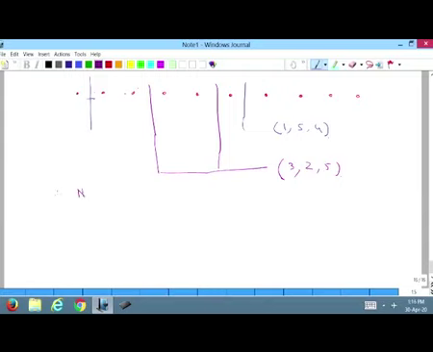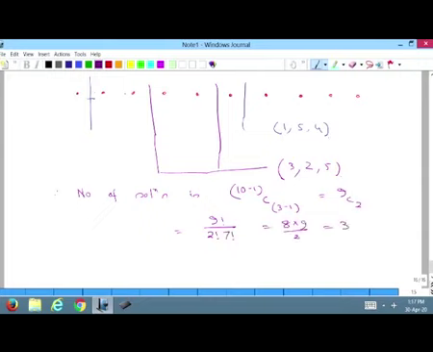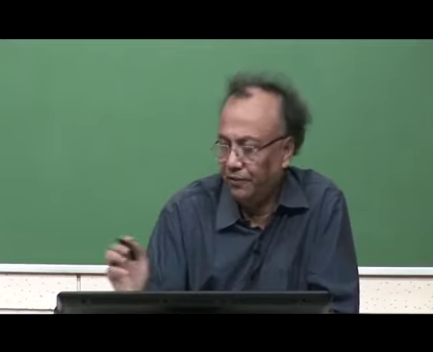Therefore, the number of solutions is 10 minus 1 choose 3 minus 1, which is 9C2, equal to factorial 9 upon factorial 2 into factorial 7, which is 8 into 9 by 2, equal to 36. We get the same answer that we got before.